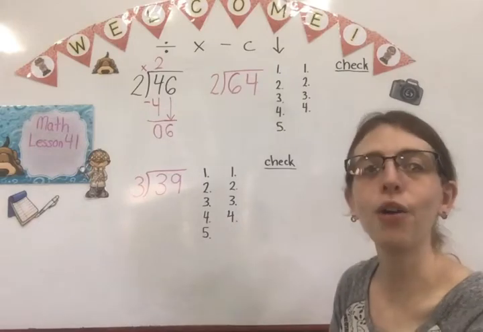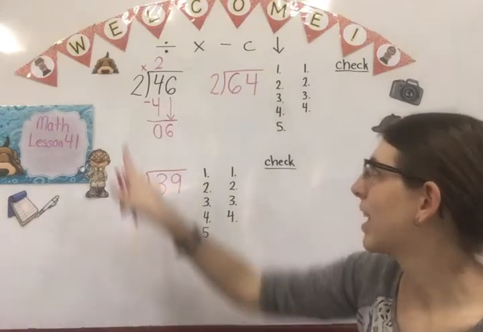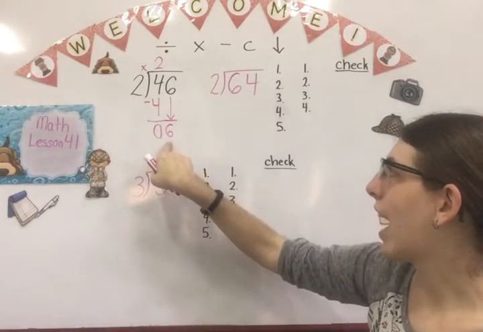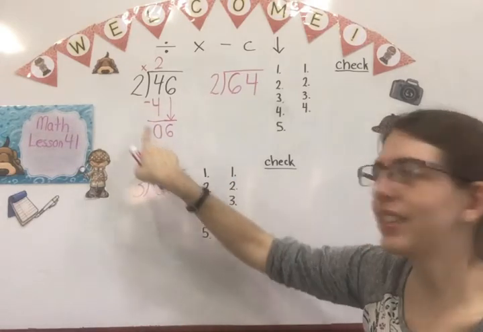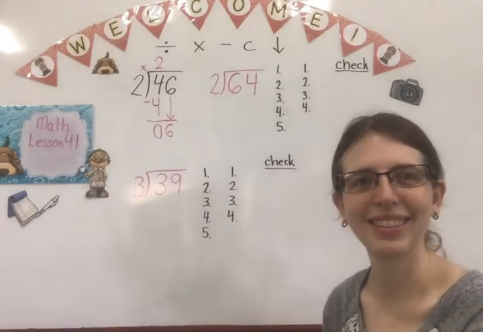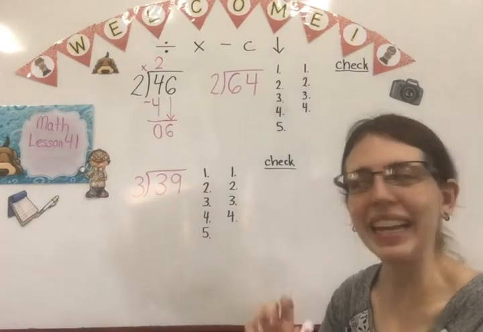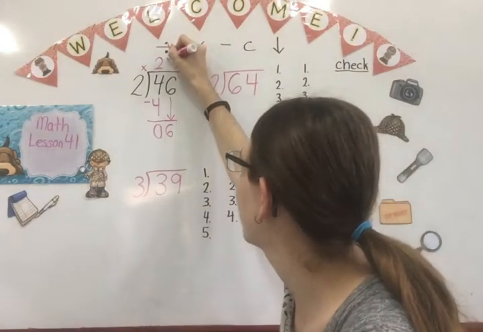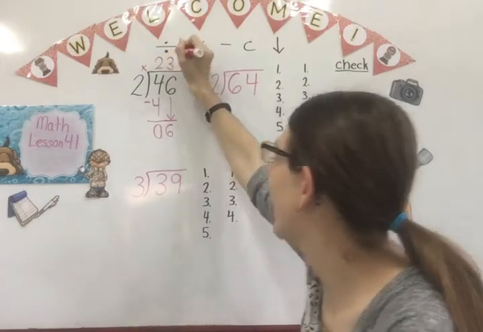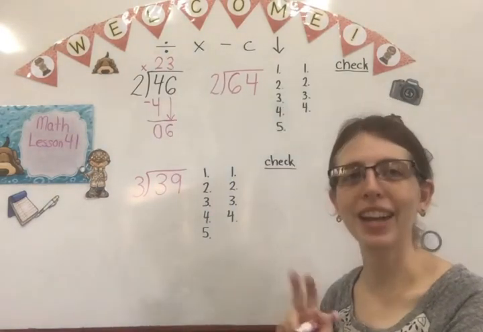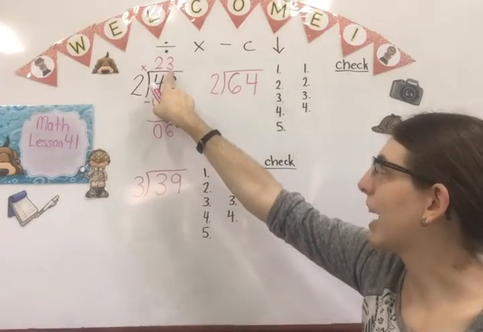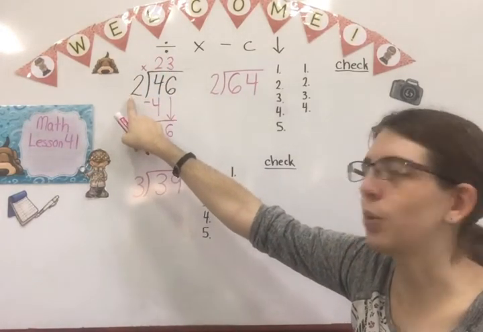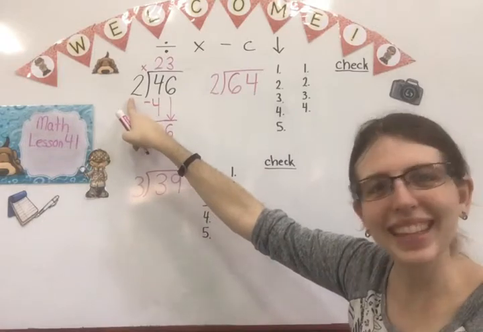Now I start over with my steps. I divide 6 by 2. 6 divided by 2 is 3. So I make sure my 3 is above the 6. Now I multiply. 3 times 2 is 6.